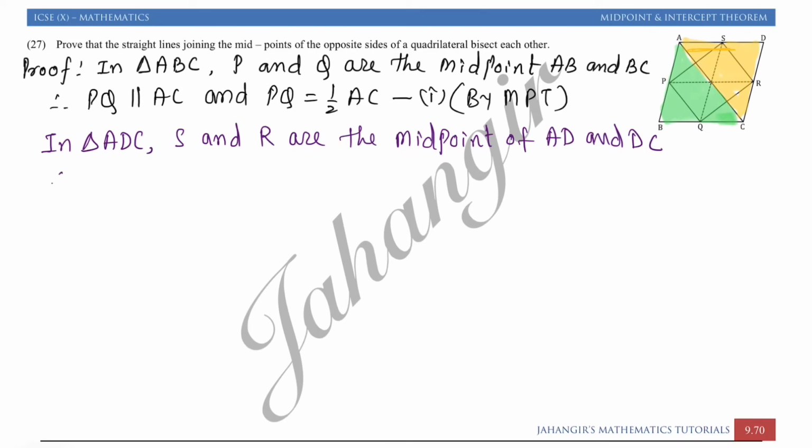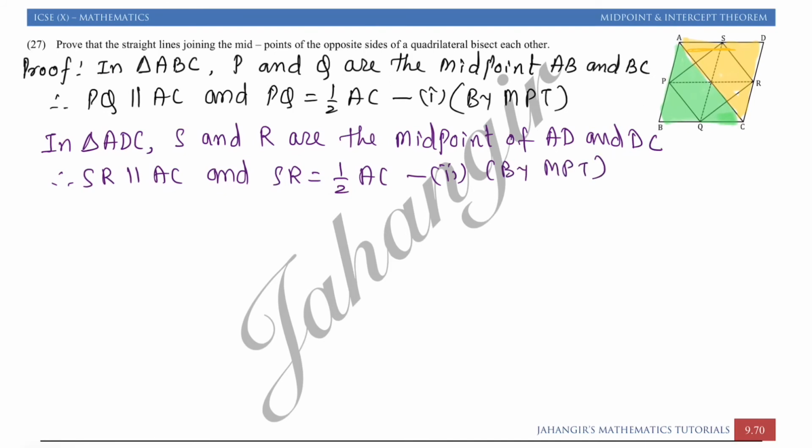So therefore SR is parallel to AC and SR is equal to half AC. So this is my second result, by the midpoint theorem.